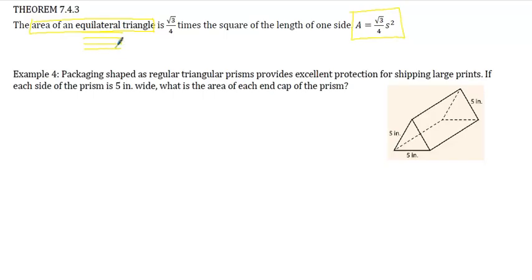Equilateral only. So in example 4, we have packaging shaped as a regular triangular prism. Regular here, remember, regular means all the sides are equal, all the angles are equal, which means this is an equilateral triangle.